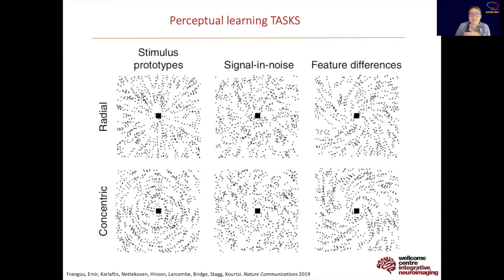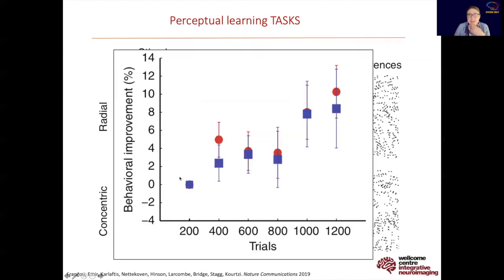The task was you would see one of these and you would have to work out whether it was a radial or a concentric pattern. And as people do this, they get better. You get better and better at working out whether it's a concentric ring or a radial pattern. And these are our two tasks, and you can see people got better on both of them.